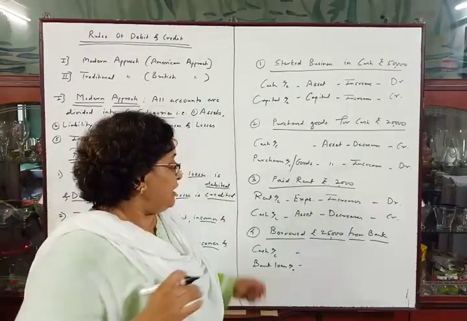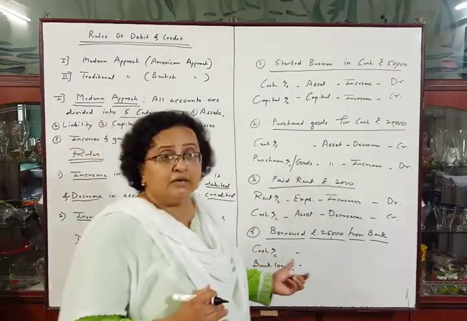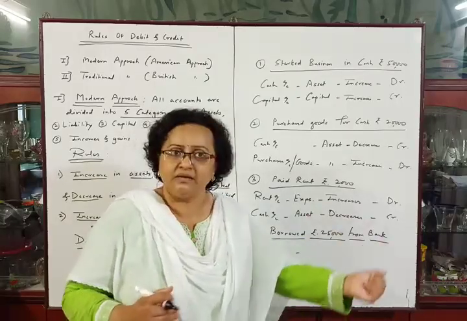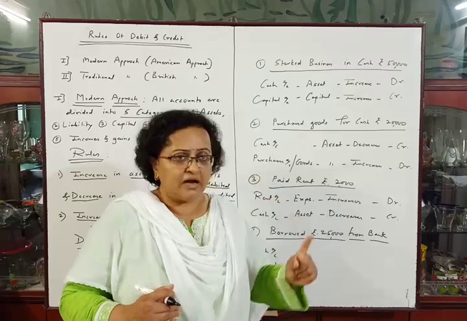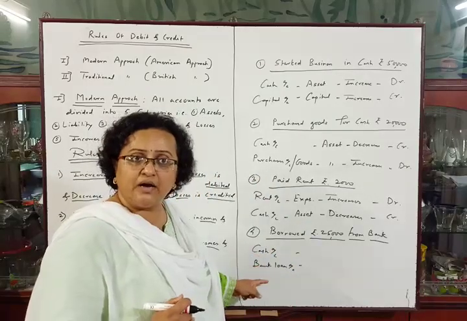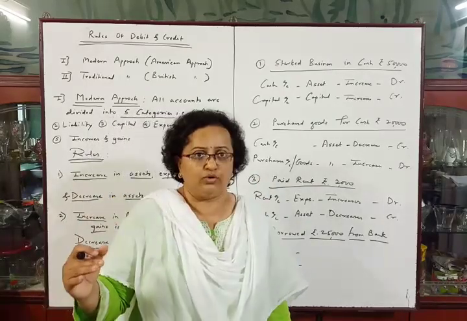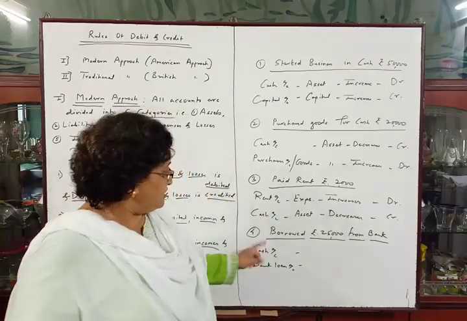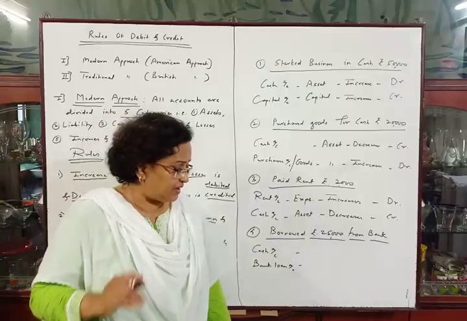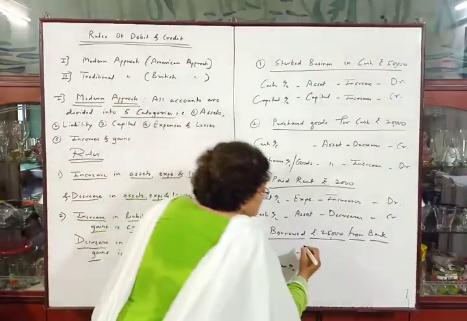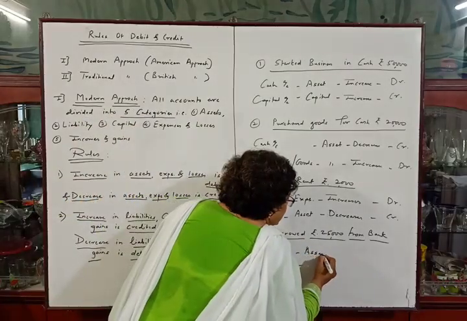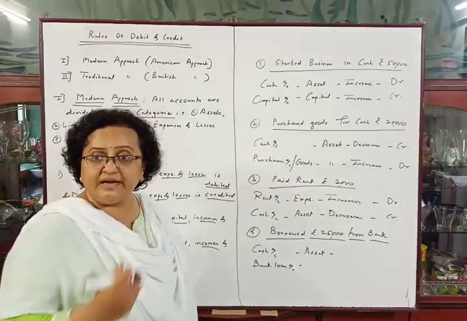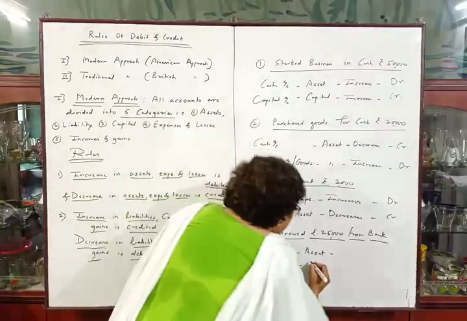If we borrow the amount from some person, that is from Amit, then one account will be cash account and the other account will be Amit's loan account. So here this account is bank loan account and first account is cash account. Now we all know that cash is our asset and bank loan, the new liability created in the business, is our liability.